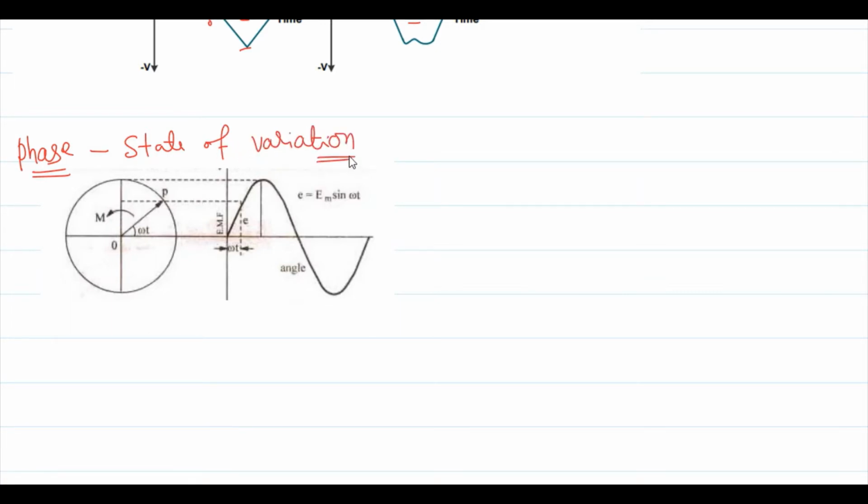A particular wave will vary with respect to time, as we know. Phase is a fraction of the time period elapsed after the voltage or current has passed through the reference value. You can see this diagram here. Here it is a sinusoidal wave.